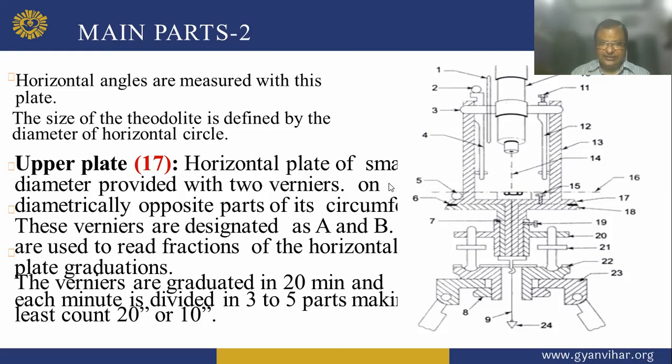So the upper plate, the horizontal plate, has a small diameter, provided with verniers on the diametrically opposite parts of the circumference, and these verniers, designated as A and B, are used to read the direction of the horizontal plate.